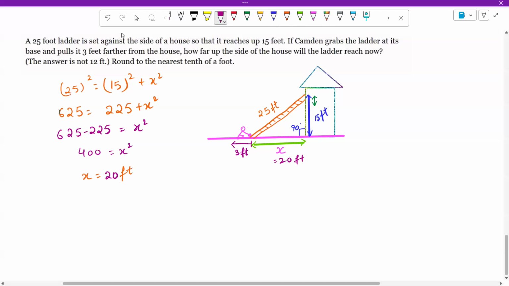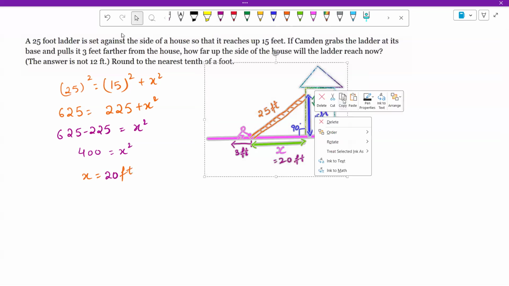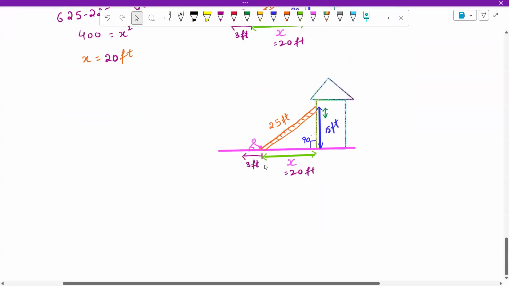Now, I'm creating the same image, but when this thing has slid, so it is sliding now. Now, the actual ladder is not here. It has covered 3 feet more. So x we already know now.